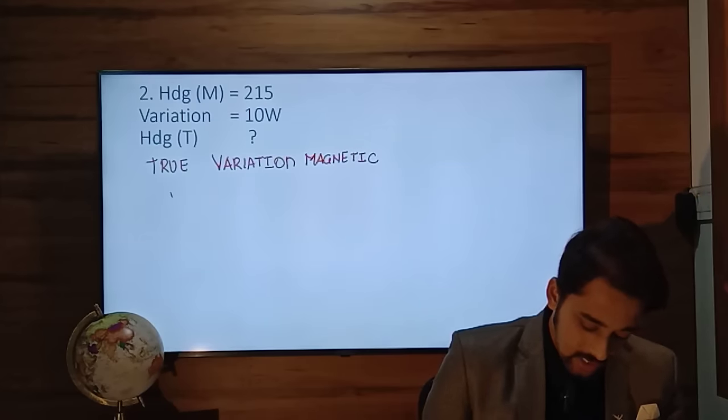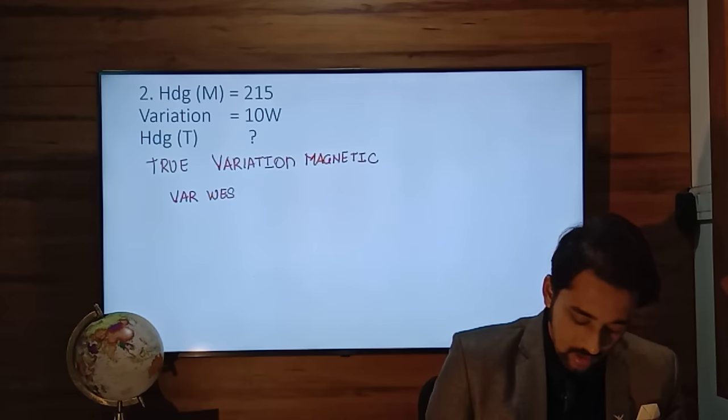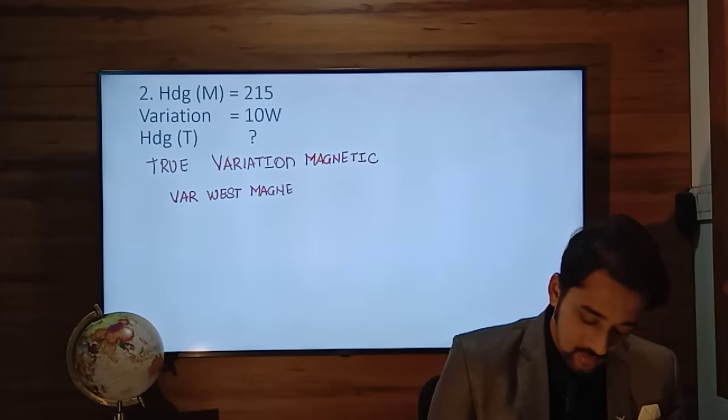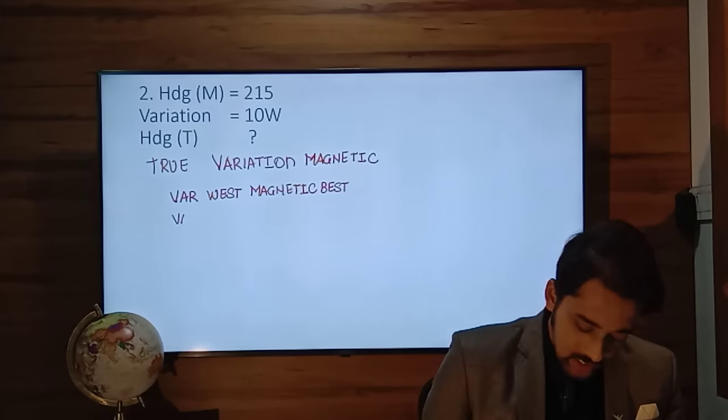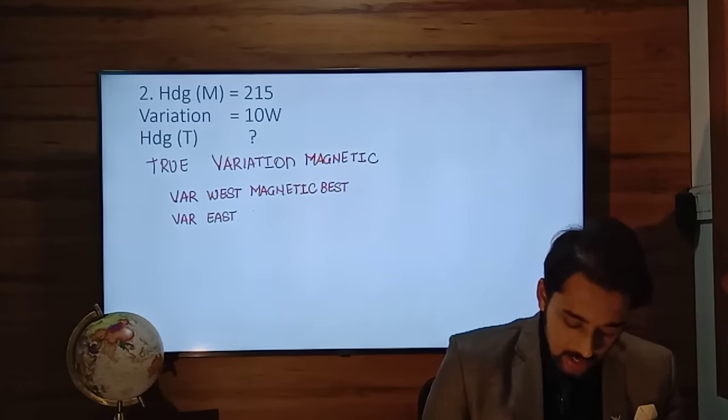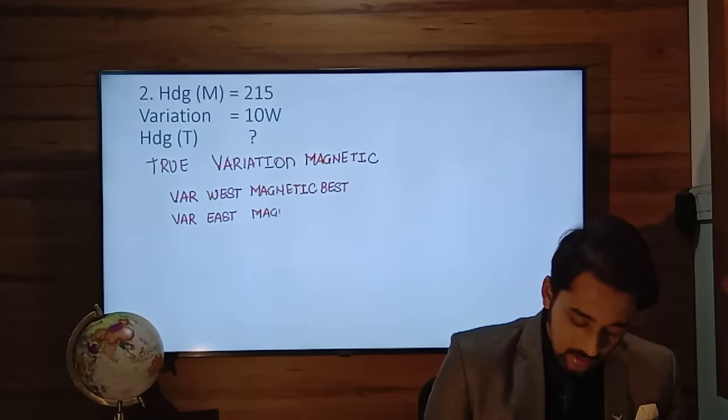So if variation is west, magnetic will be best. If variation is east, magnetic will be least.